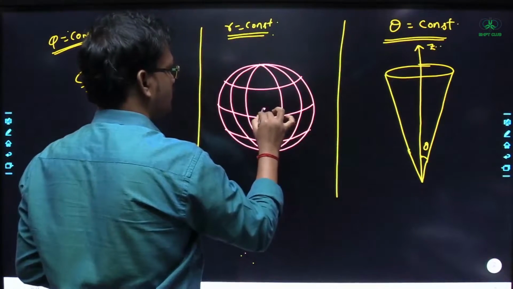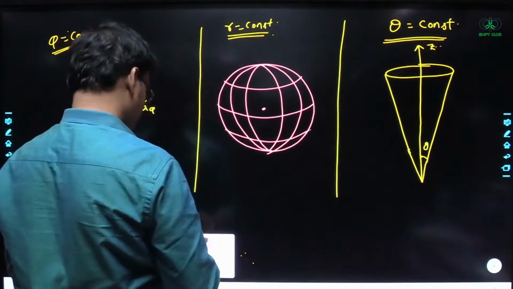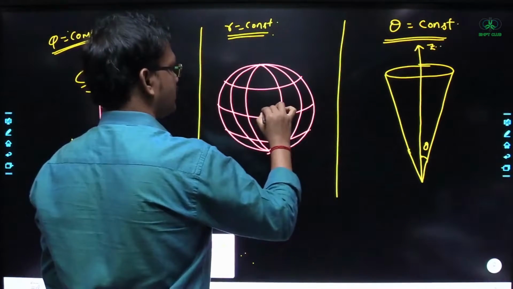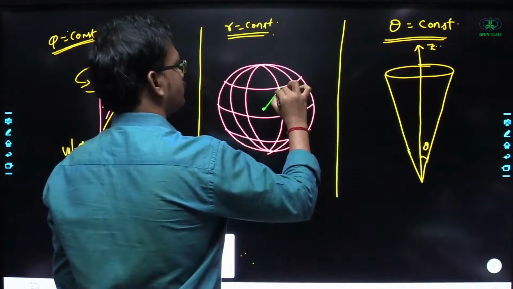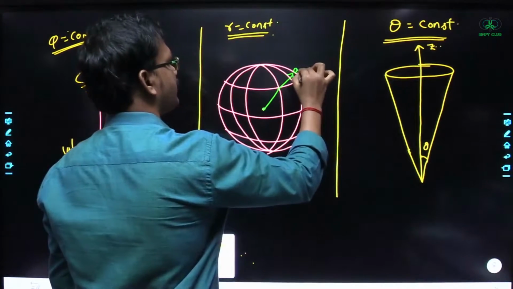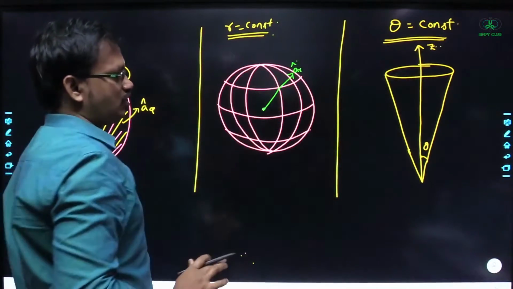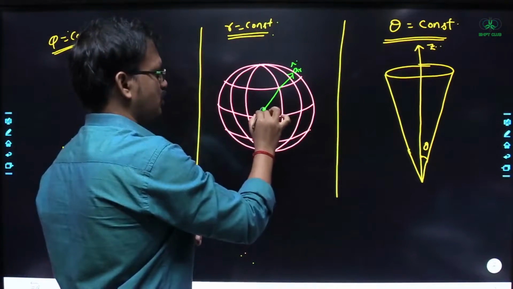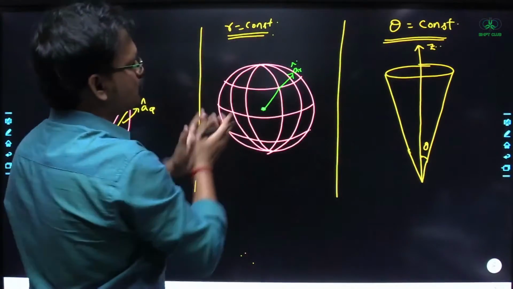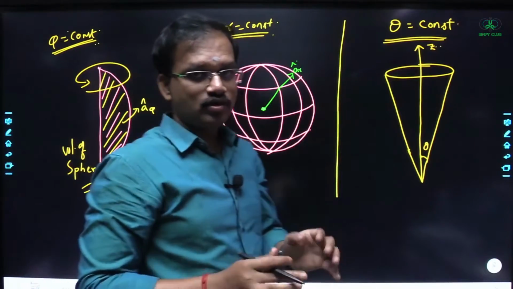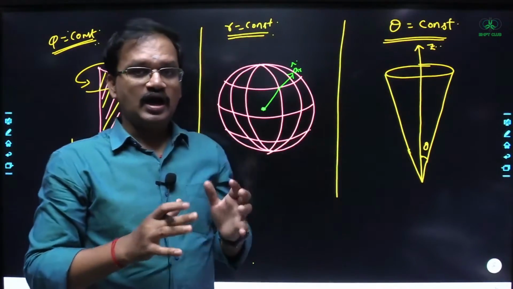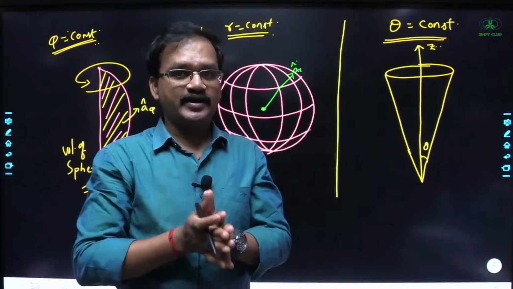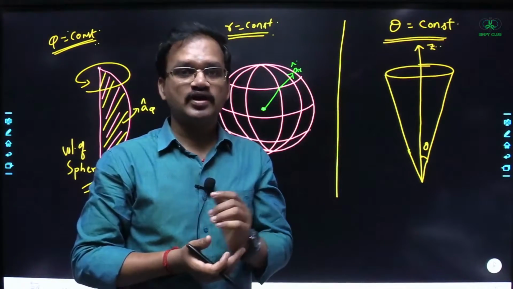R cap is going to point in this direction, radially outward. Now this is the r equal to constant surface. Take this surface and extend it in its perpendicular direction, and you are going to get the volume of the sphere.